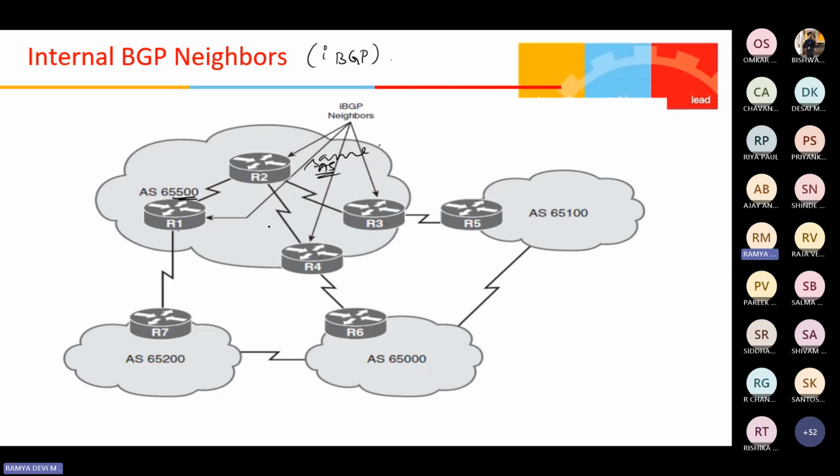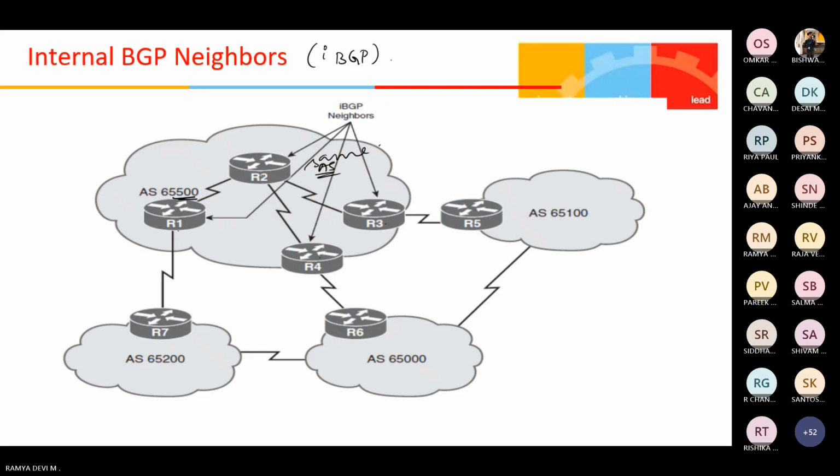That's the reason TTL will be equal to 1 there. Then there is the full mesh requirement. By default, all the iBGP routers within the autonomous system will be in a full mesh configuration, where one router is connected to all the routers. This can be optimized with the help of route reflectors.